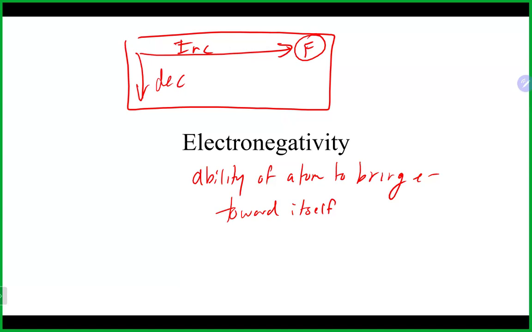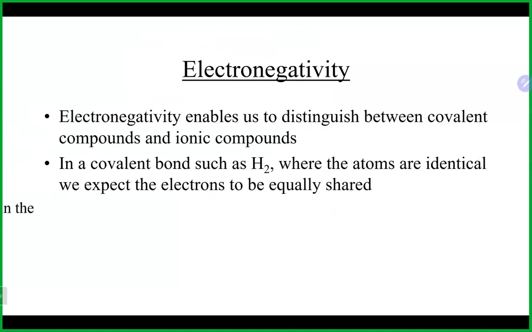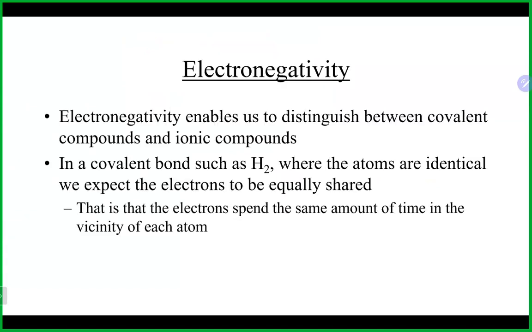By the way, that is because to the right of fluorine are the noble gases, and they're perfectly happy the way they are. They're not looking to do anything. And if you remember what we were talking about on Monday, as you go up group 7, reactivity increases. So fluorine is the most reactive one that we have. So electronegativity enables us to figure out how electrons are going to be shared.